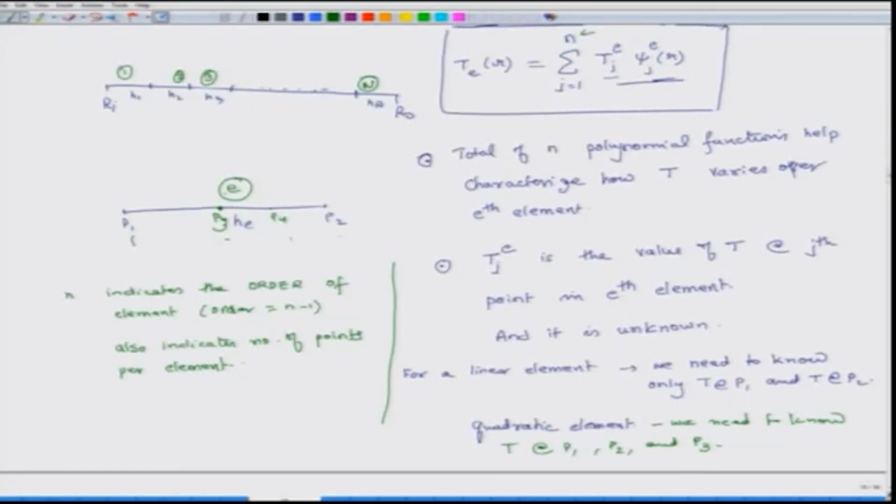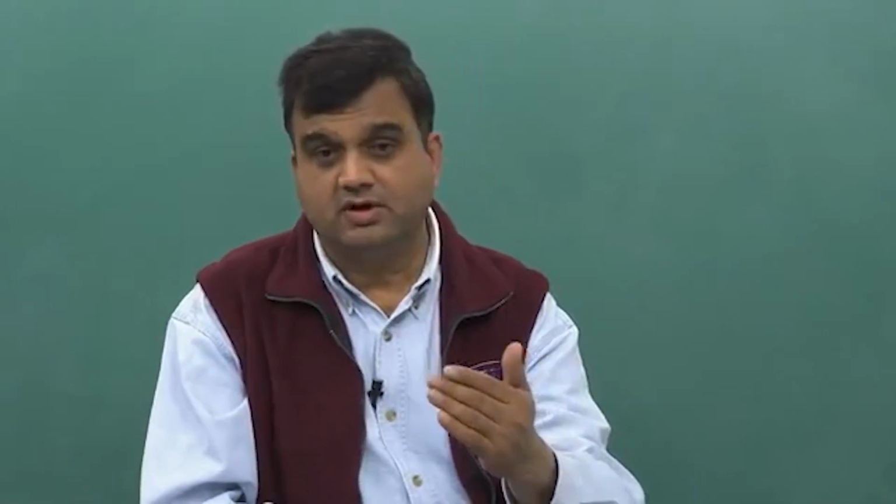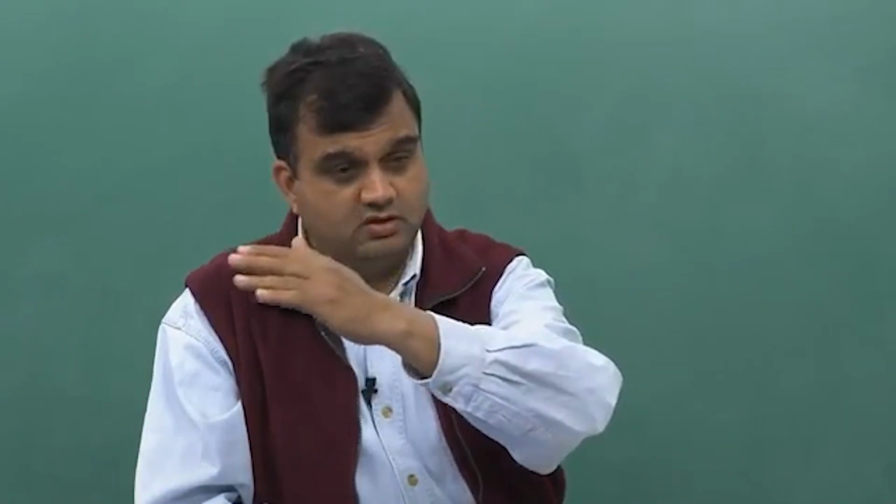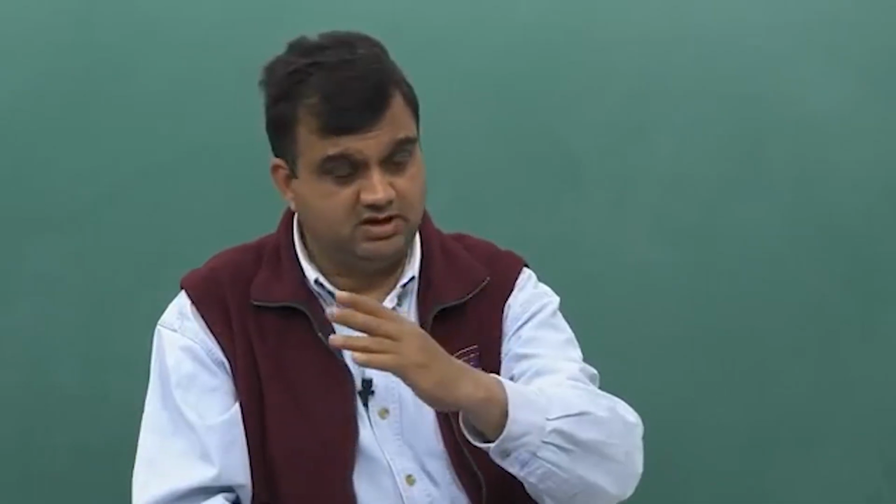how many points we will have on the element, and n will also help us determine the order of the element. In finite element codes, if you explore, you will say, oh, it is a quadratic element. It means that the function or the unknown is varying in a quadratic way over the element. That is what it means.